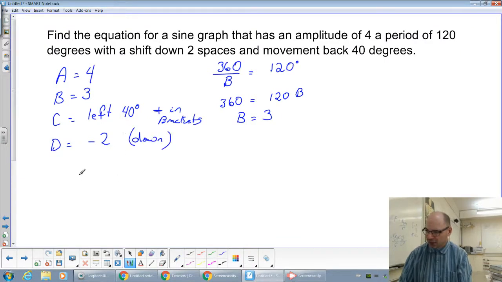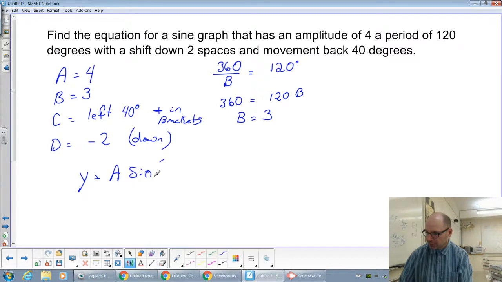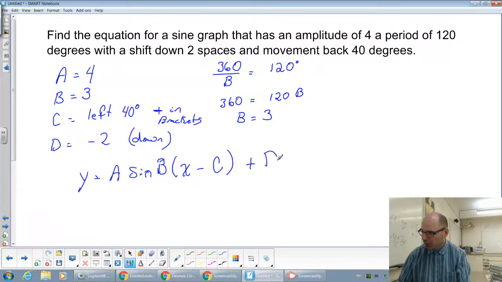So if we take our general equation, y equals a sine, or was it cosine? What did I have? Sine graph. Okay, sine b, oops, I was going to put brackets here. Let me get the b in there first. Bracket x minus c, plus d.